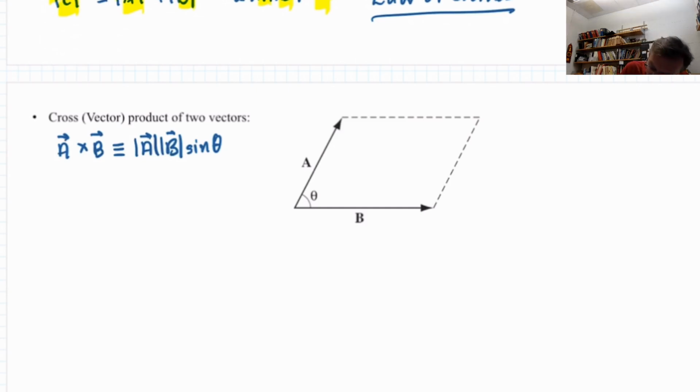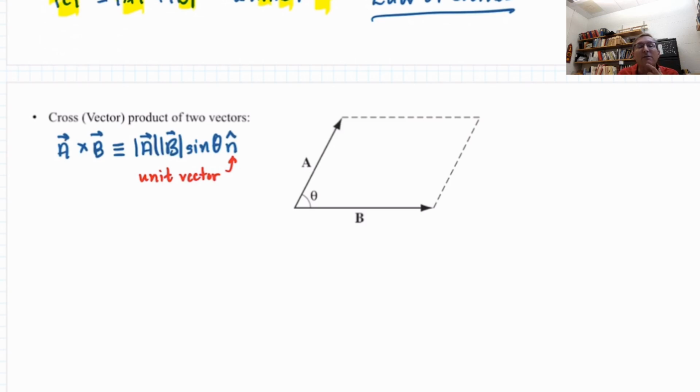I will just use the symbol that Griffiths uses, n hat. Any symbol, letter, with a hat on top, we call a unit vector. The hat is the key thing that tells you it's what's called a unit vector. A unit vector has magnitude 1, or unity, no units, and this has one job, merely to point in a particular direction.